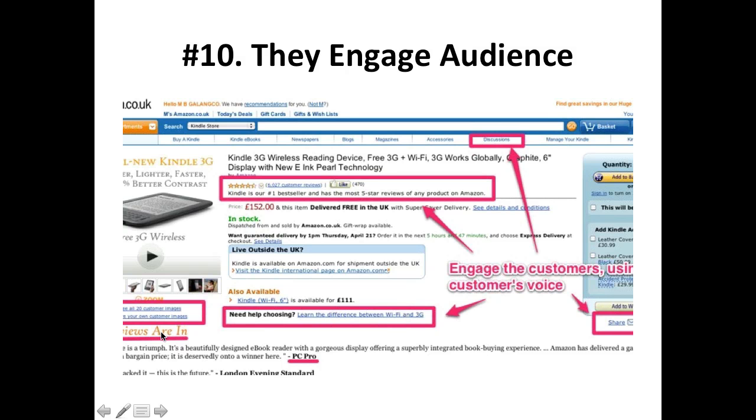Then there are reviews, lots of customer images, and you can even upload your own image of the Kindle, maybe showing yourself really enjoying it on the beach. You can also share using social media, via email, Twitter, or Facebook. And there are reviews from credible people. So that's one of the things that they do.